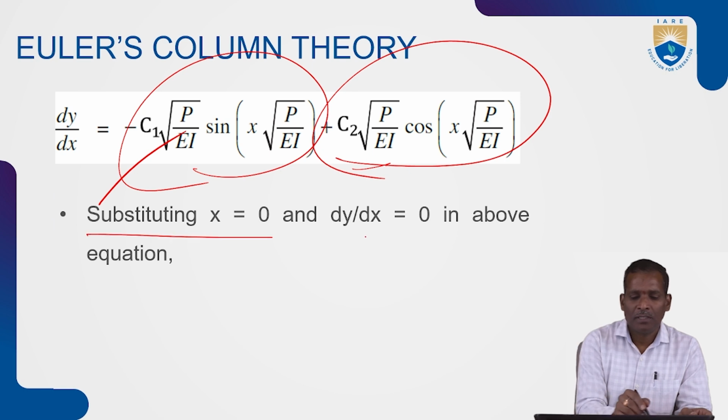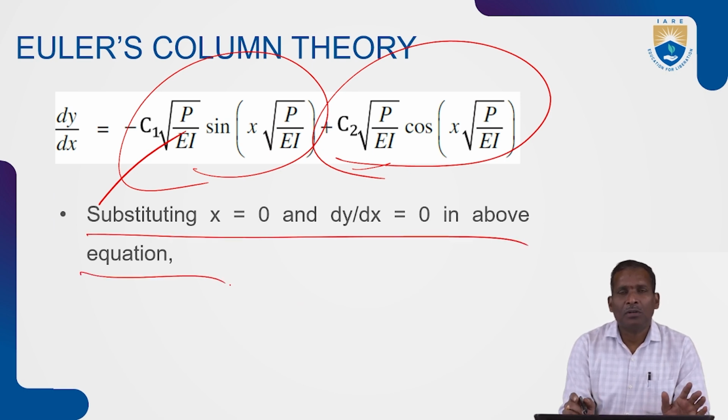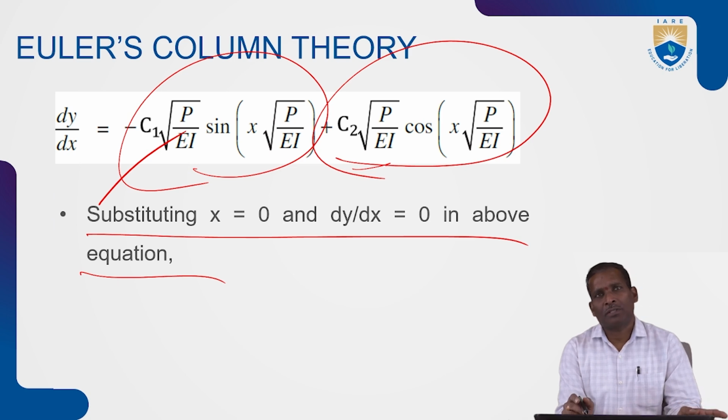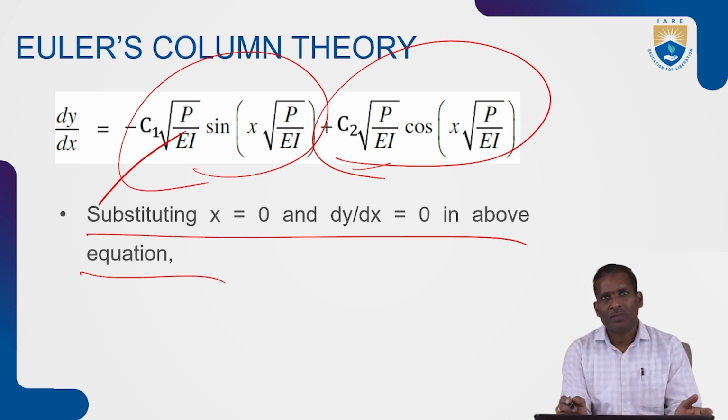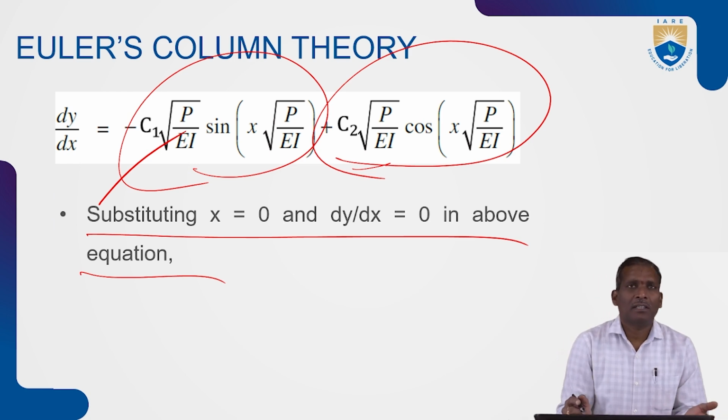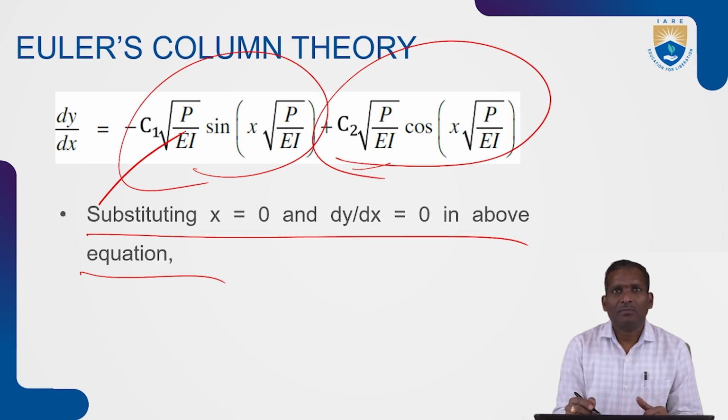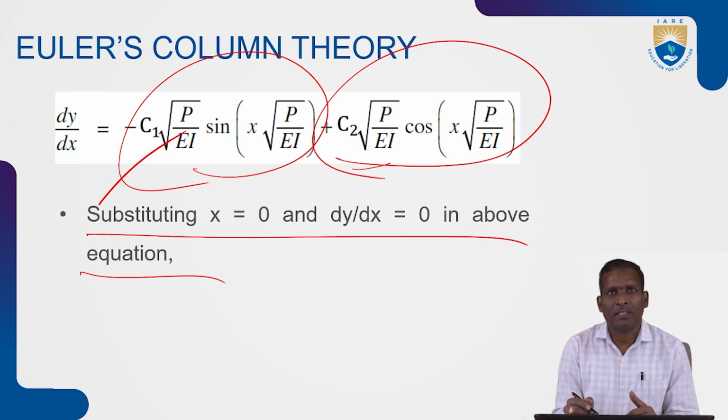So substituting X is equal to 0 and dy by dx is equal to 0 in the above equation. Why? Because both ends are fixed. At the fixed end, there is no slope and no deflection, at X is equal to 0.